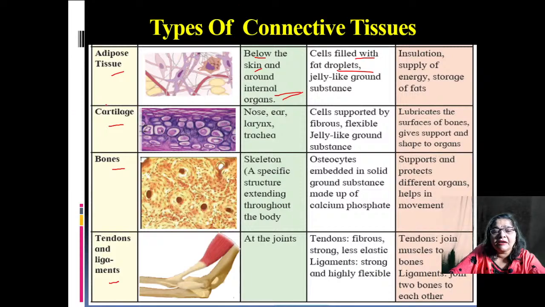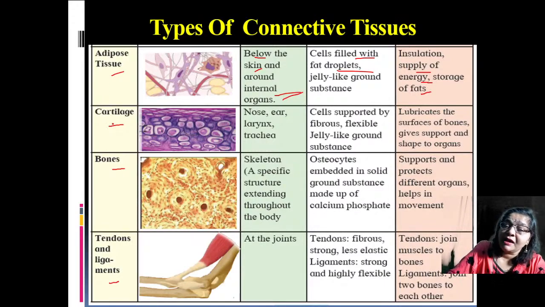Now these adipose tissues help in insulating the internal organs, act as insulators and mechanical shock absorbers. Not only that, they help in supply of energy because they store fats in them. That is the main function of adipose tissue.